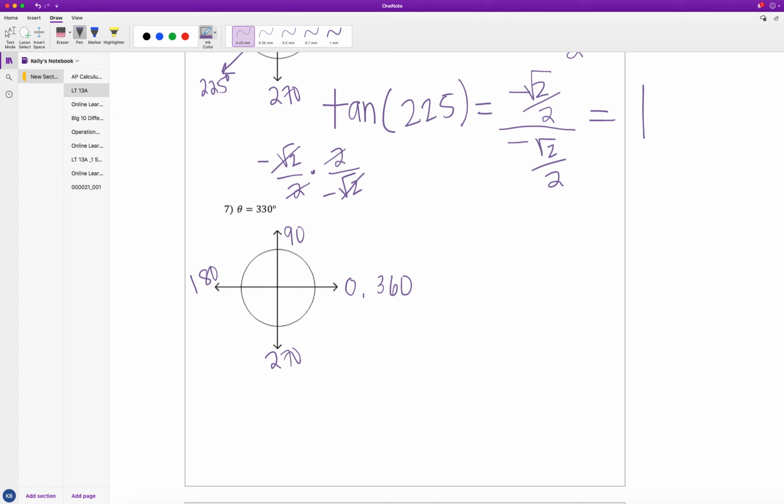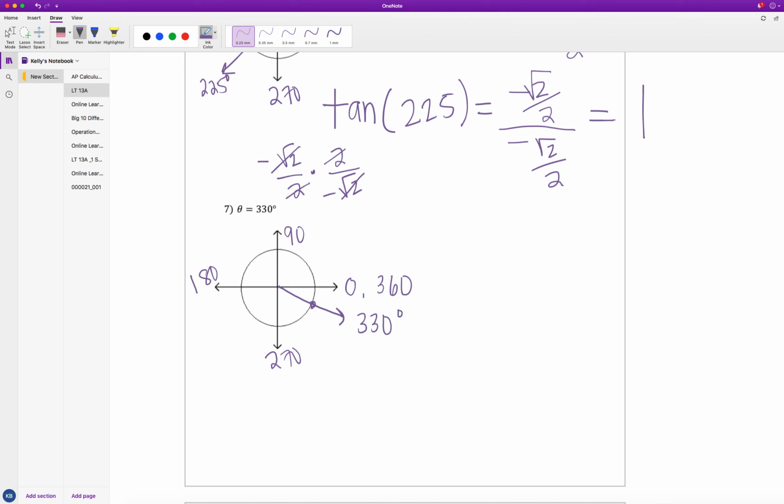Well, if I only go 30 degrees from 270, I'm only at 300, so I need to go a total of 60 degrees from 270. So 330 is my little low angle down here. It's the closest one to 360 degrees that I have.